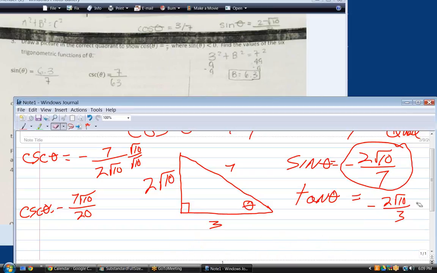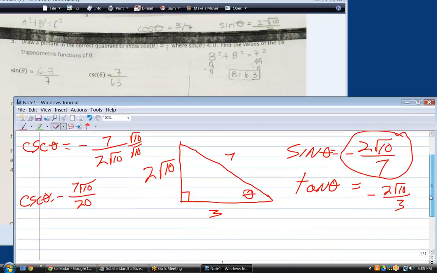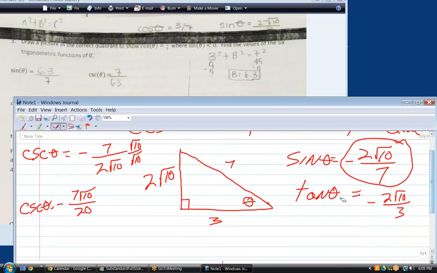They want all 6 trig functions. We know the cosine, we know the sine and the cosecant, so what's the cotangent? So would you multiply the top and the bottom? It's just the inverse of the tangent. So it'd just be 3 over minus 2 root 10.